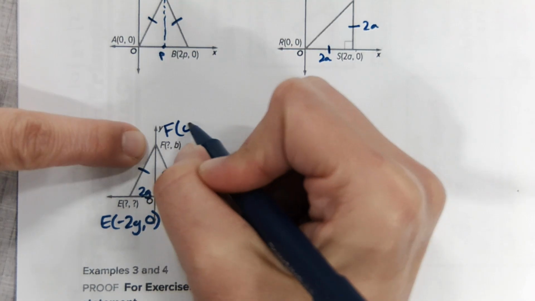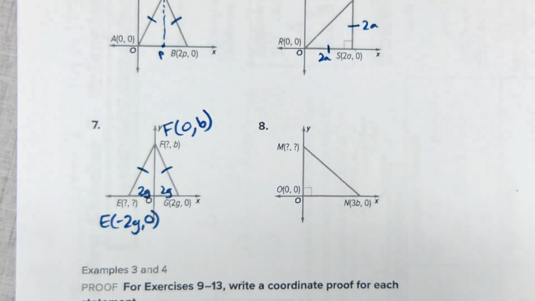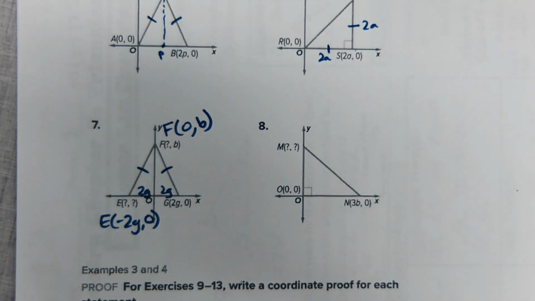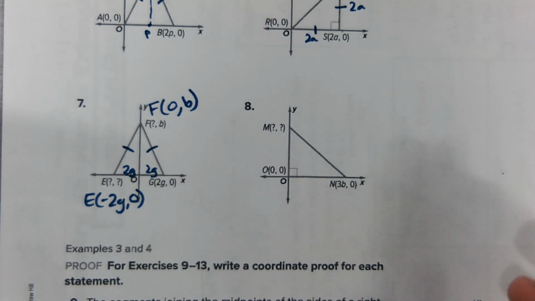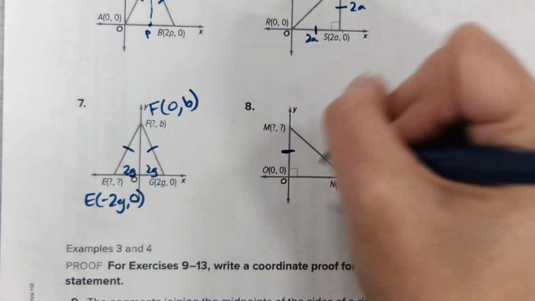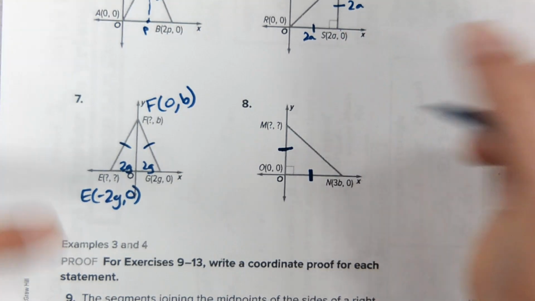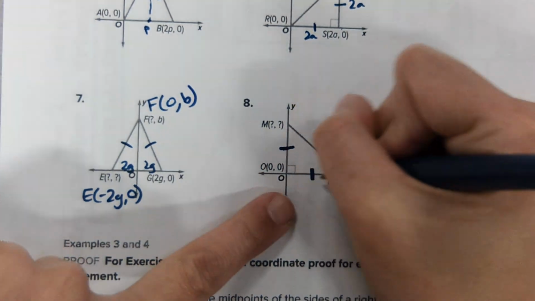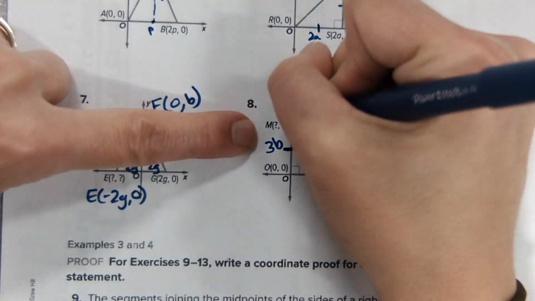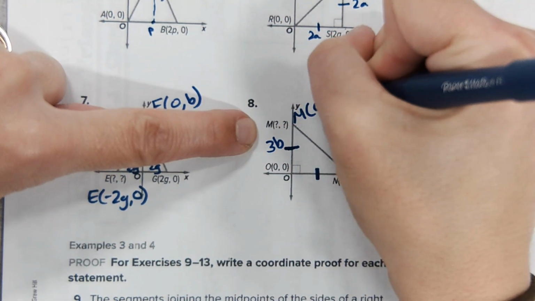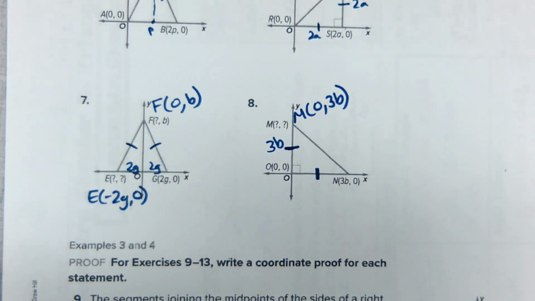So F is at 0, b. And then number 8, let's call this isosceles. I know it's probably not, but just call it isosceles. It's saying that this length is 3b, so then this length would be 3b, and then M would be at 0, 3b, like that.